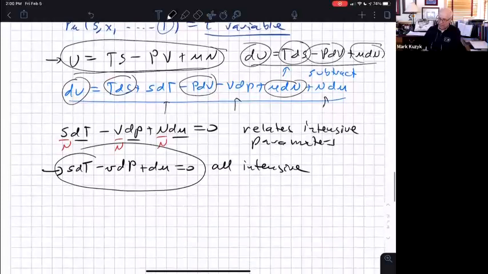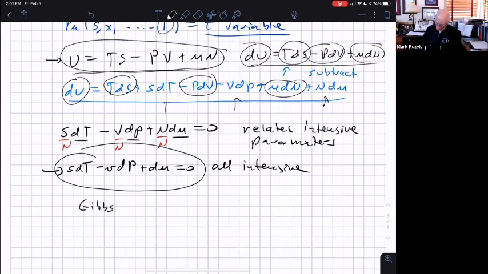Now this last one that we derived is called the Gibbs-Duhem relation. So if you remember Gibbs-Duhem, you remember Euler, and you remember dU equals T dS minus p dV plus mu dN, you can do everything.